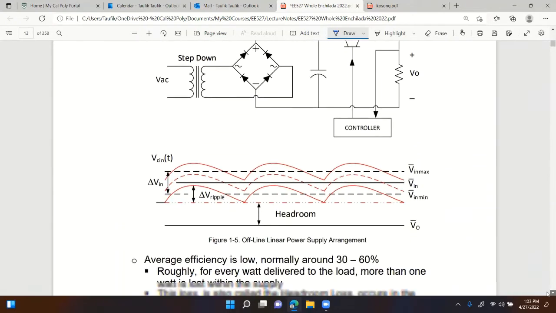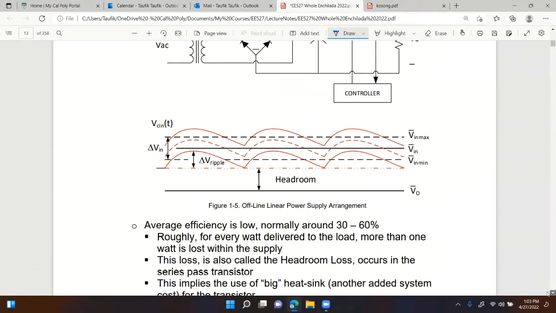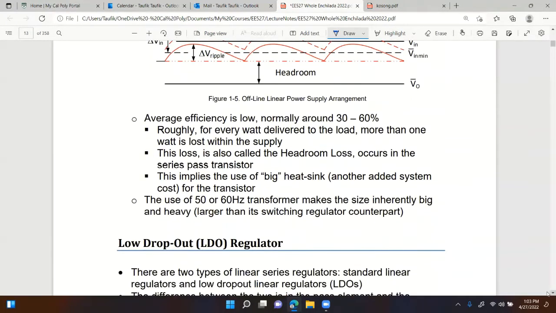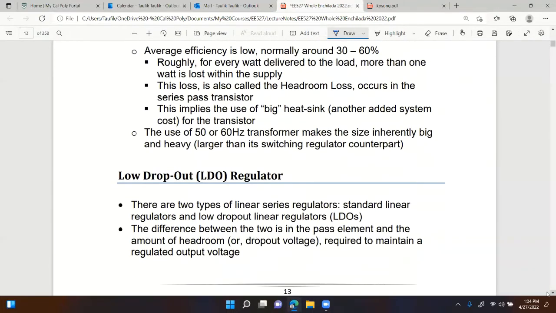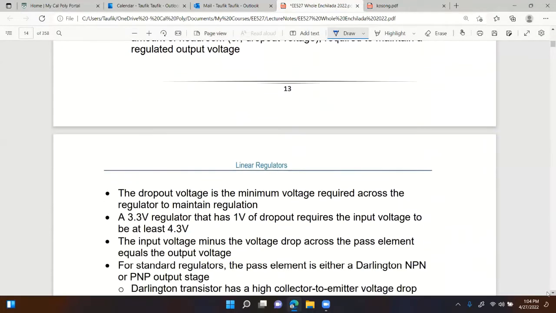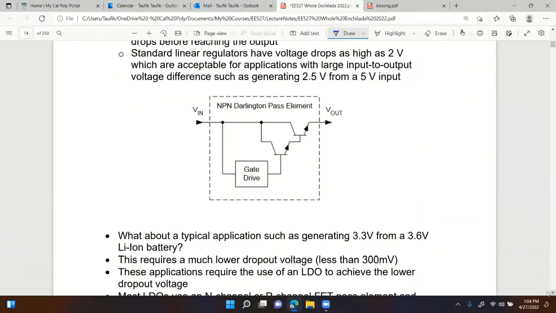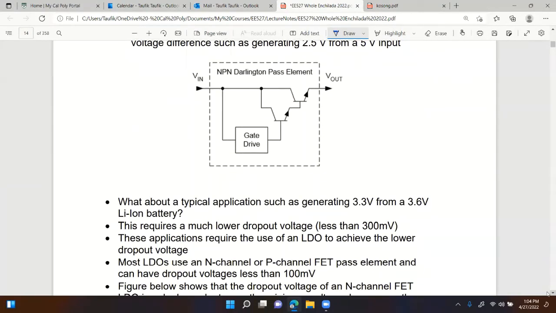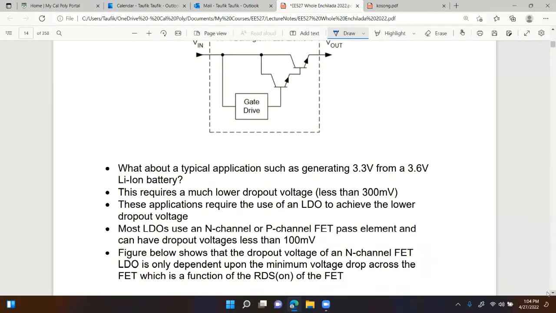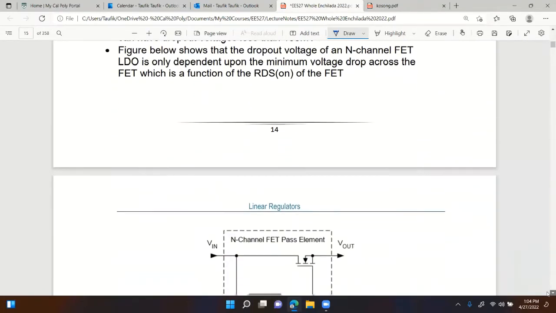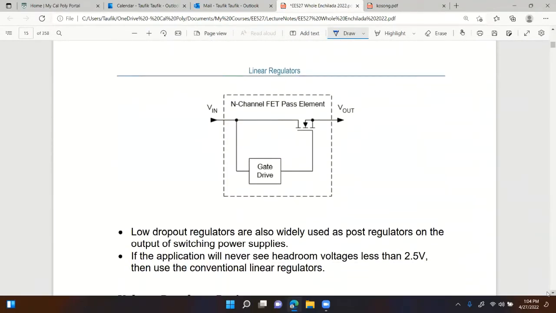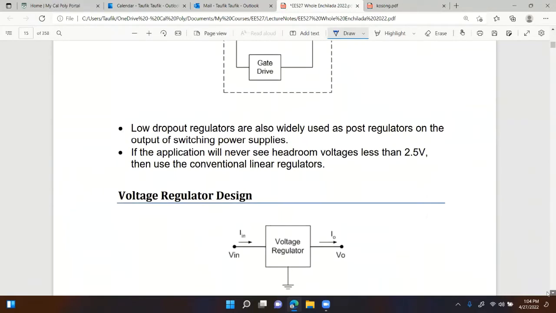And how do you apply it in a power supply, as an example, with the headroom loss. And you have low dropout regulators, with basic information on LDOs, how they work, and how they are different from linear regulators.